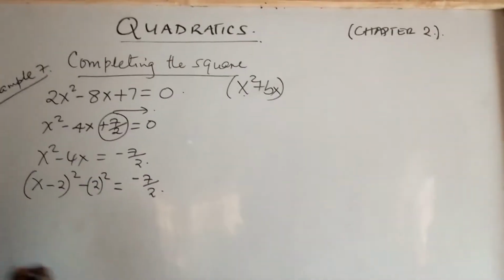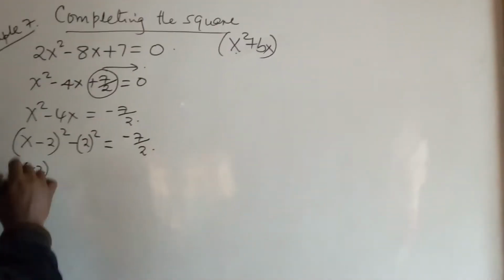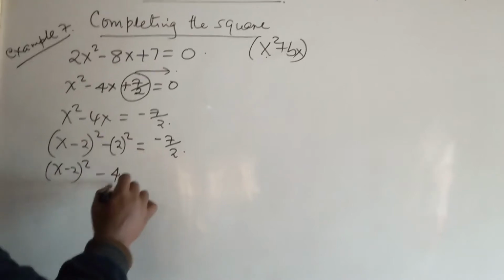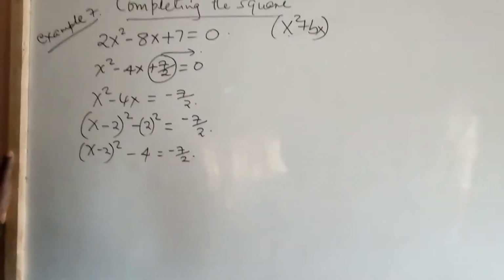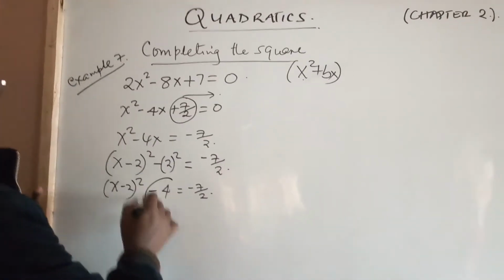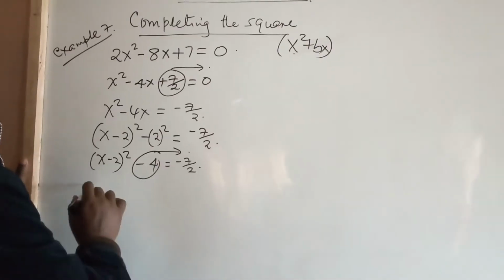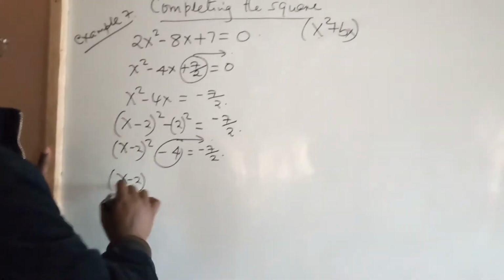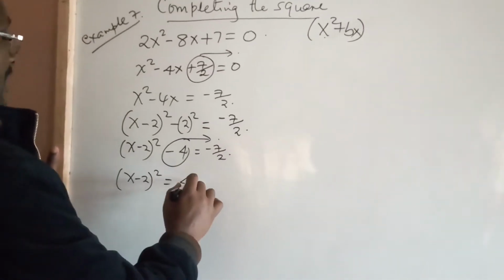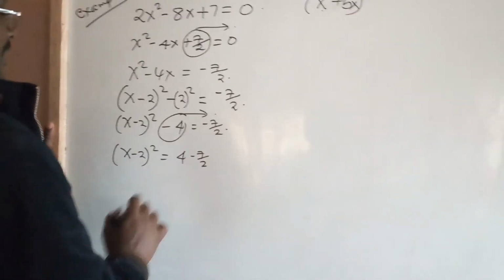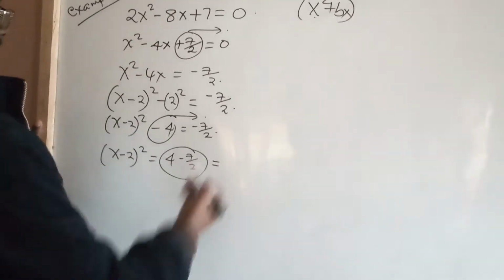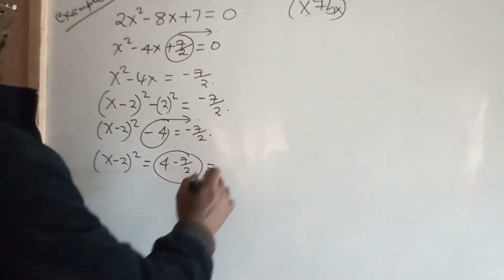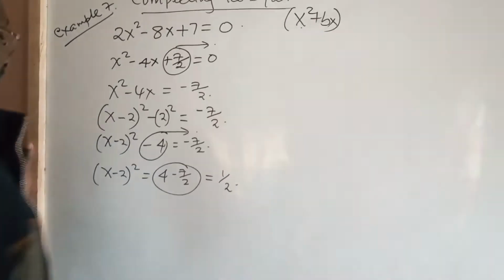Moving forward, we have x minus 2 squared minus 4 is equal to minus 7 over 2. If you take negative 4 across, it gives you x minus 2 squared is equal to 4 minus 7 over 2, which is 4 minus 3.5, simply a half.